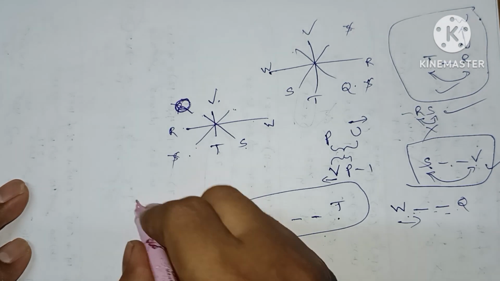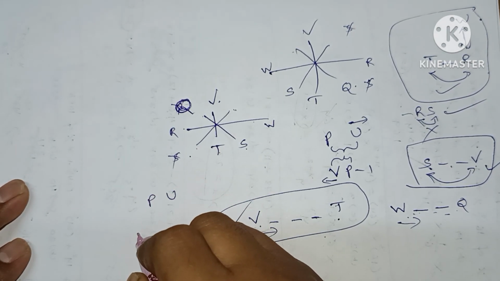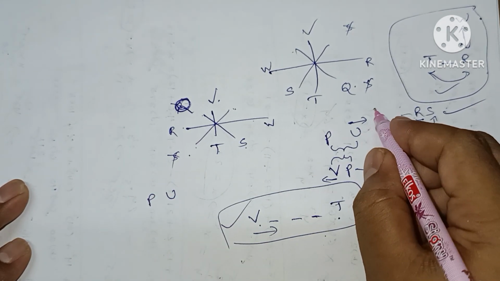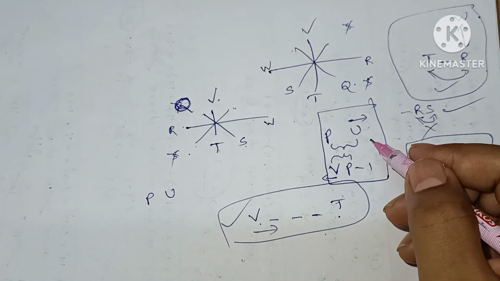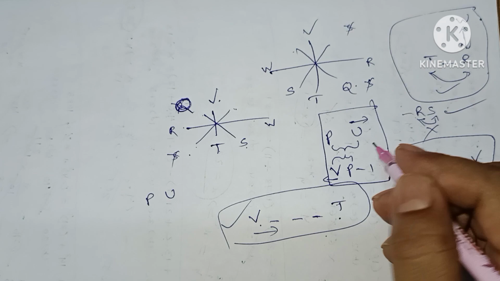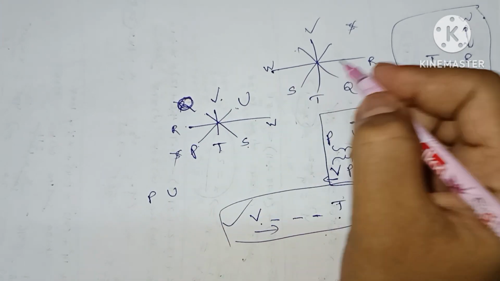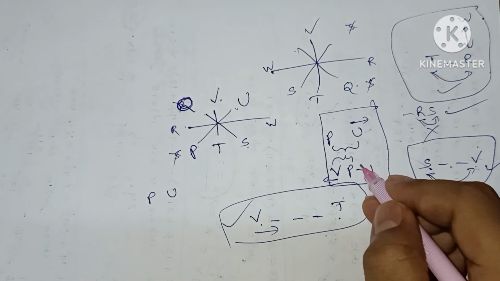Now we are left with P and U. We have this statement. If we place P here and U here, then we check this statement.